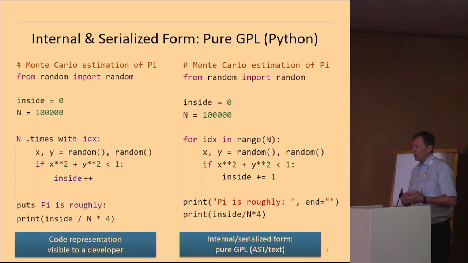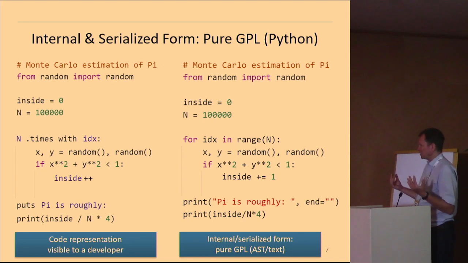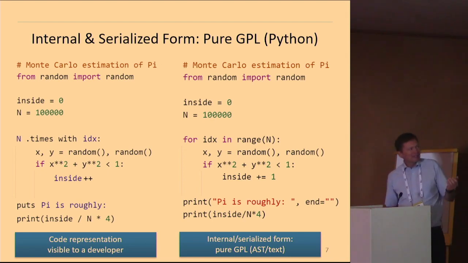So in our hybrid editor, there are no additions or extensions to the language. When you serialize this, or when you use tools like code checkers via the language server protocol, you can immediately apply them because everything is pure Python. Only the representation for the user in some parts is your DSL.